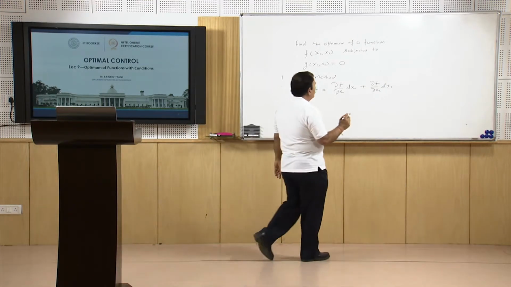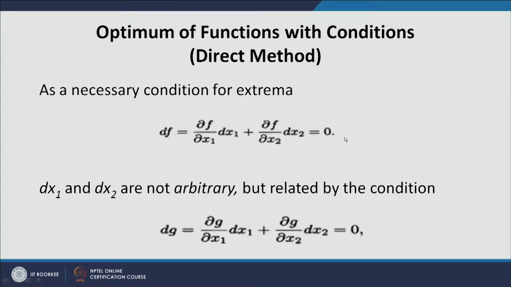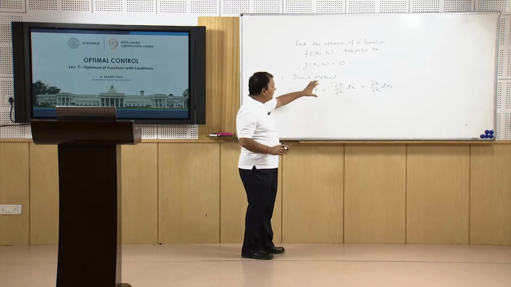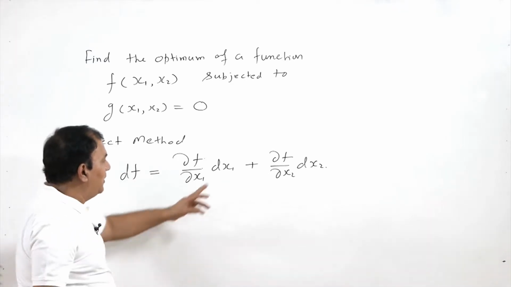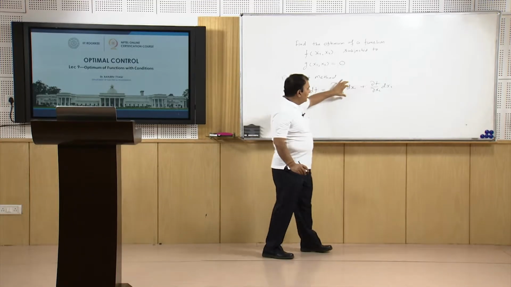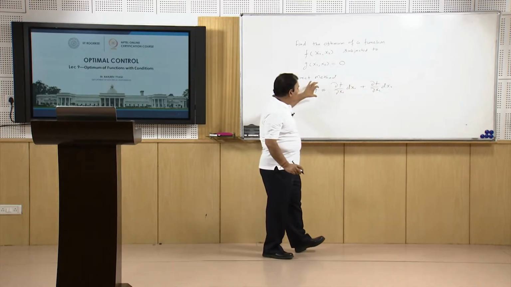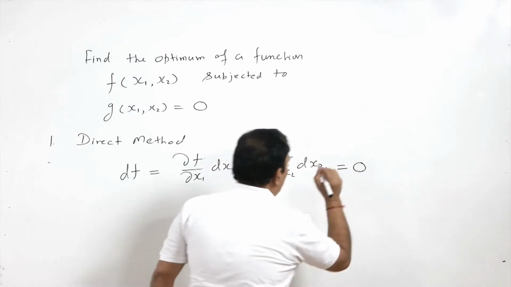But in this case we consider that x1 and x2 are not independent. They are related to each other. So, independently we cannot say del f by del x1 will be 0 and del f by del x2 will be 0, but as a minimal condition I can say for this my df must be equal to 0.